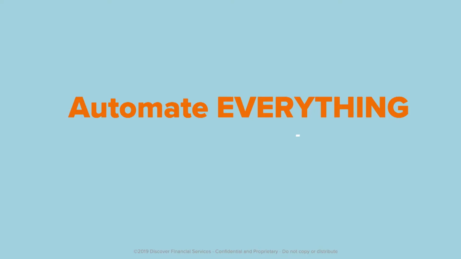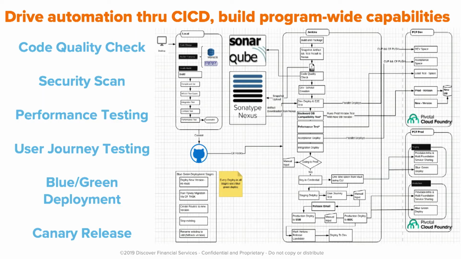Another thing that we set aside from the very beginning is we wanted to relentlessly drive automation. We wanted to build automation into the program so that we can enable our teams to move really fast, but also provide guardrails. So we built a product team, and the sole purpose of this team is to build and evolve our CI/CD pipeline.